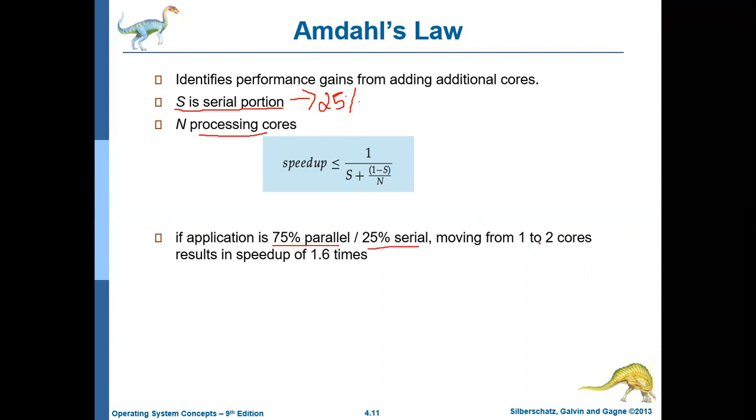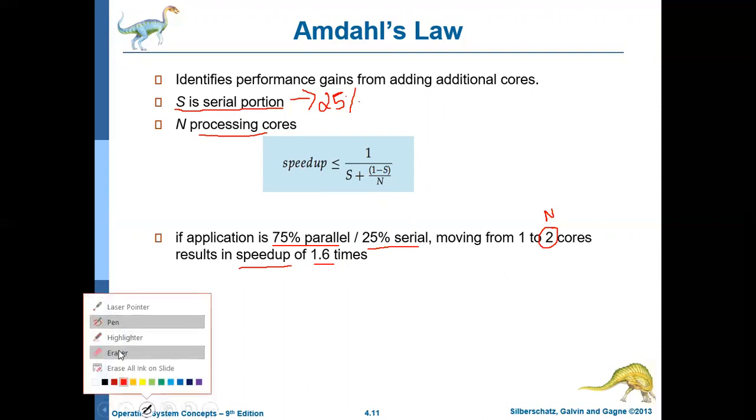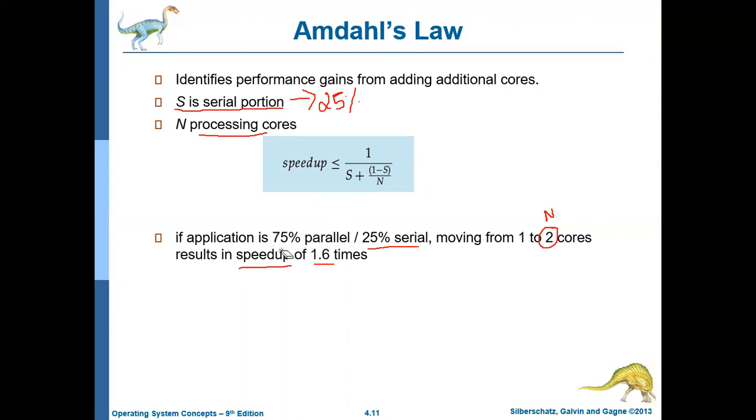Let us assume we are moving from 1 core to 2 cores, so the current value of n is 2. Then how much will the performance gain be? If you apply this equation, you will get a value of 1.6. It means the performance will improve, the speedup will increase by 1.6 times. So this is the law using which you can calculate the performance gain by adding additional cores or processors. Right?